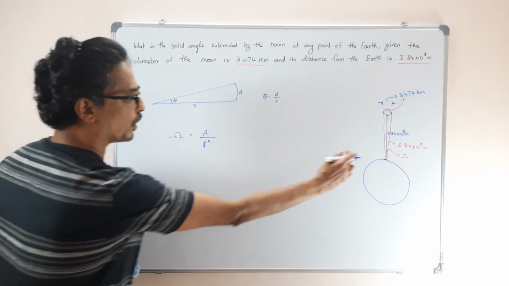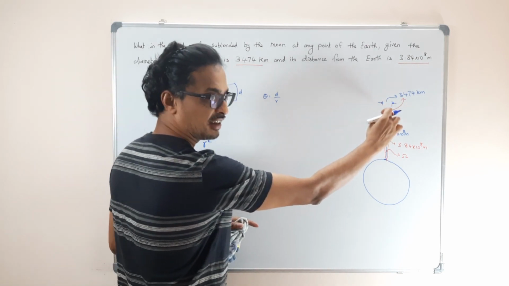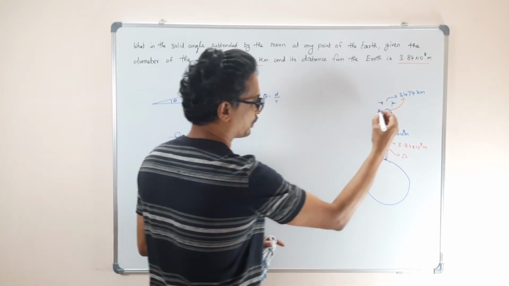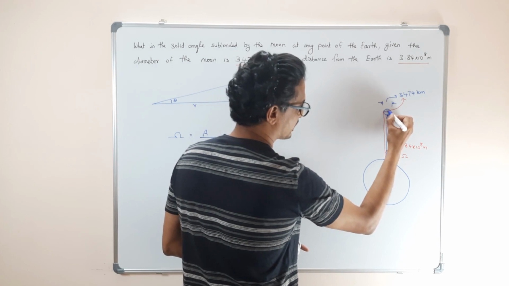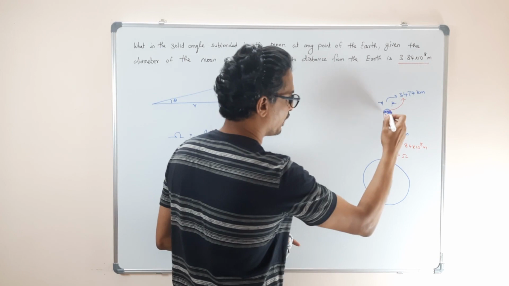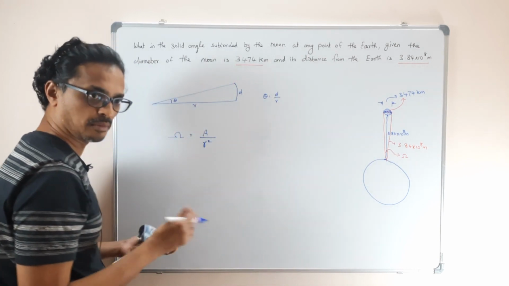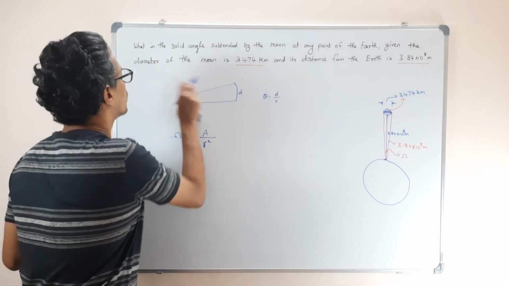So this is what they have asked. All I have to find out is the area made by this circle, divided by the distance square. That's the answer of the problem.